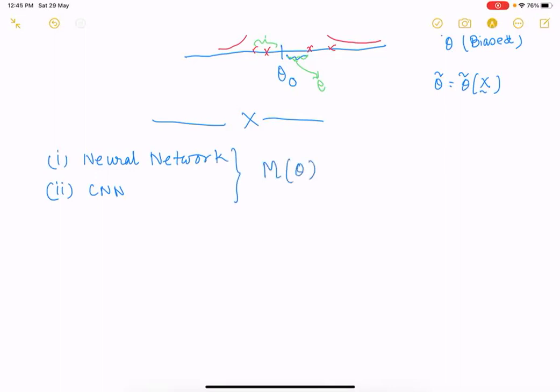They will have a bunch of parameters, and these complicated neural network models are so complicated that finding an unbiased estimator is simply out of the question. Then you have to rely on maximum likelihood estimation or regularization and all these things.